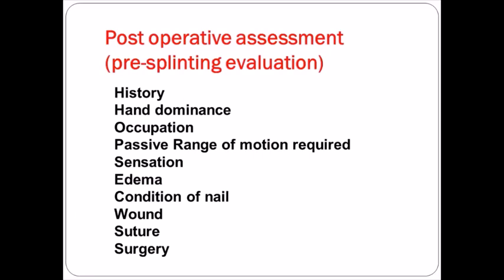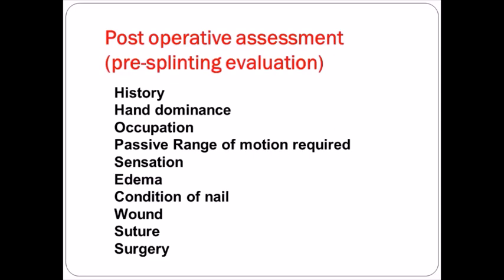Here in pre-splinting evaluation, we talk about the history. As I told in the beginning, the history of injury and all is very important. Even the history of whether the patient is diabetic, alcoholic, or smoking cigarettes is very, very important, because if the patient smokes cigarettes, the healing is probably slow.